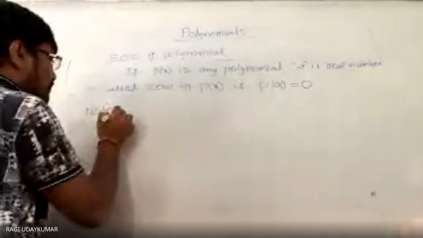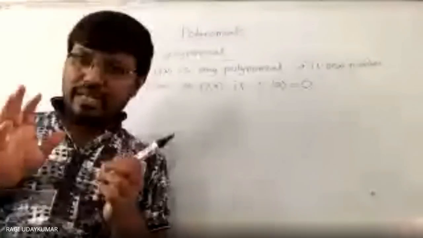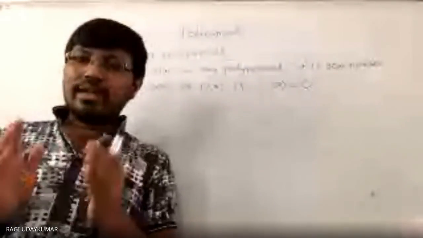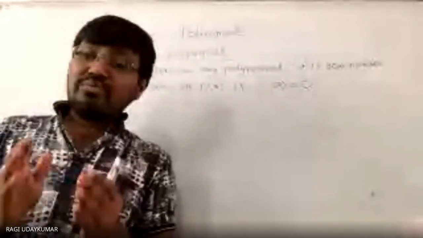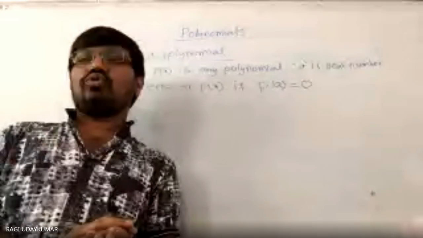Okay, and the main point you need to note: what do we call the second degree polynomial? Quadratic polynomial. Yes, very good. A quadratic polynomial will have at most, maximum 2 zeros, not exactly 2 zeros.